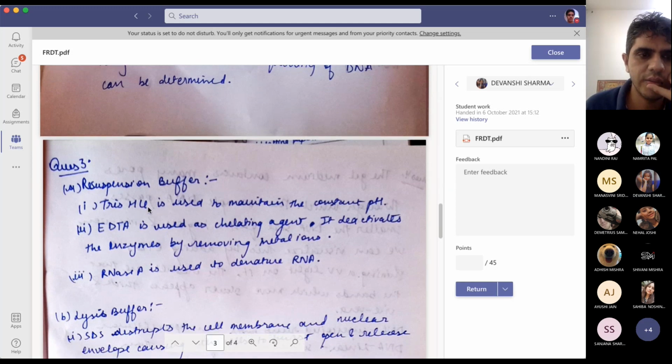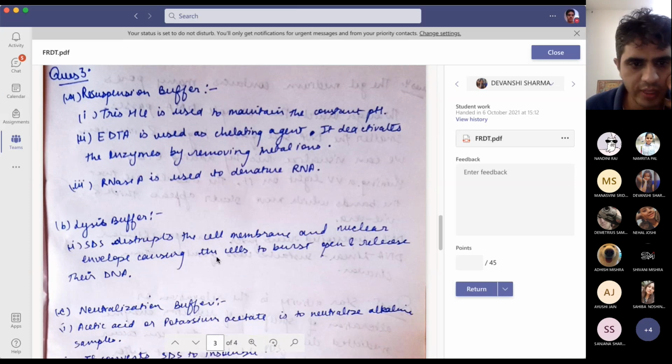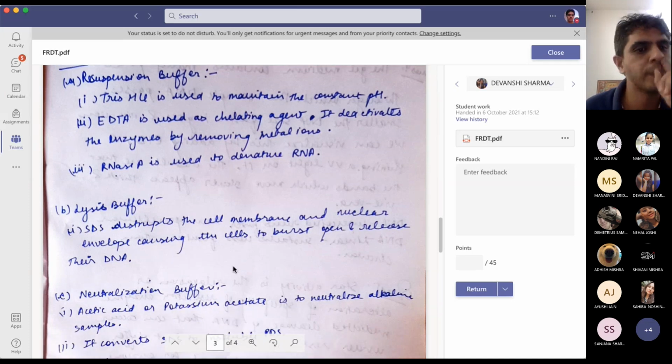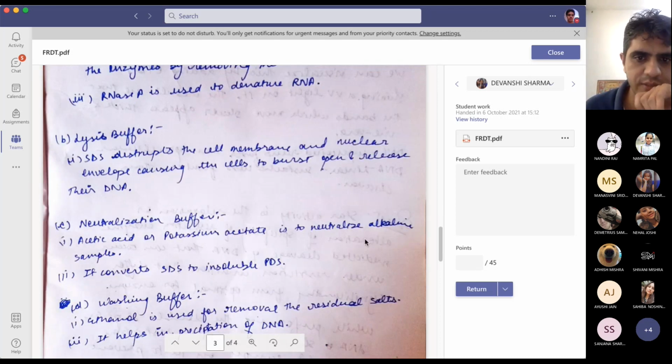And resuspension buffer is RNase. Lysis buffer, SDS. So where is NaOH? NaOH is not there in it. So neutralization buffer, acetic acid, potassium acetate to neutralize the sample from what SDS. It converted SDS to insoluble PDS.